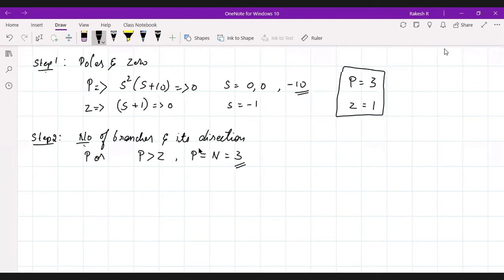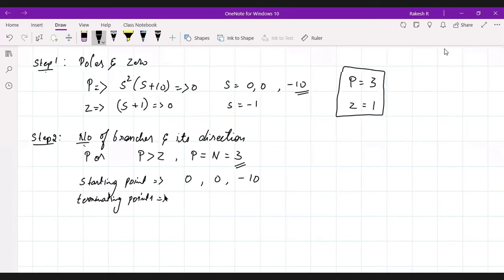Now its direction we need to find out. In its direction, the starting points will be the poles, that is 0, 0 and minus 10. These are the starting points, and the terminating points will be the zeros here.